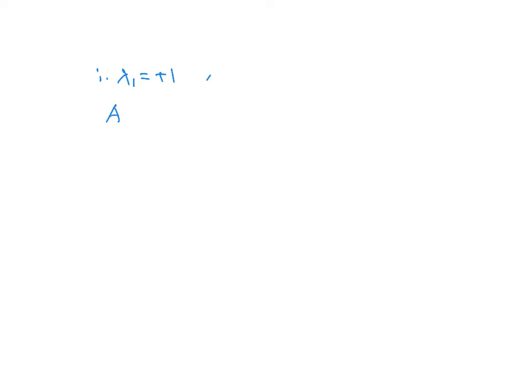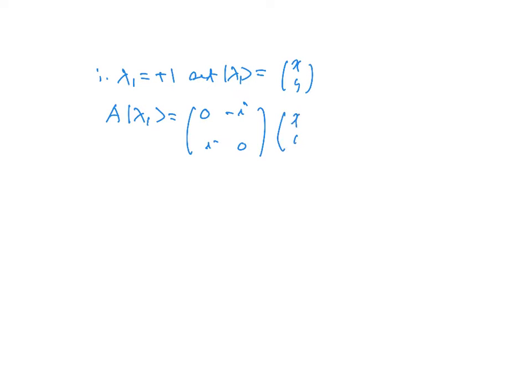We can check the eigenvector as (x, y). A times the vector (0, -i; i, 0) times (x, y) gives (-iy, ix), which equals (x, y). So they are the same result, so y is ix.